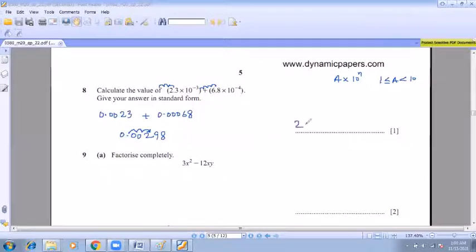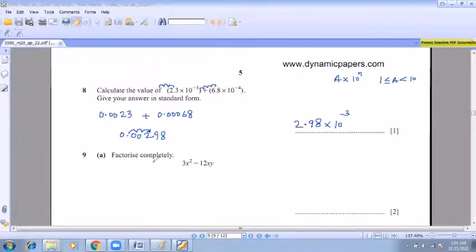So it will be 2.98 multiply 10 power, we move 3 places right, so it means minus 3. Even you can check in calculator, but this is the way. There are many ways, but I explain with this one.